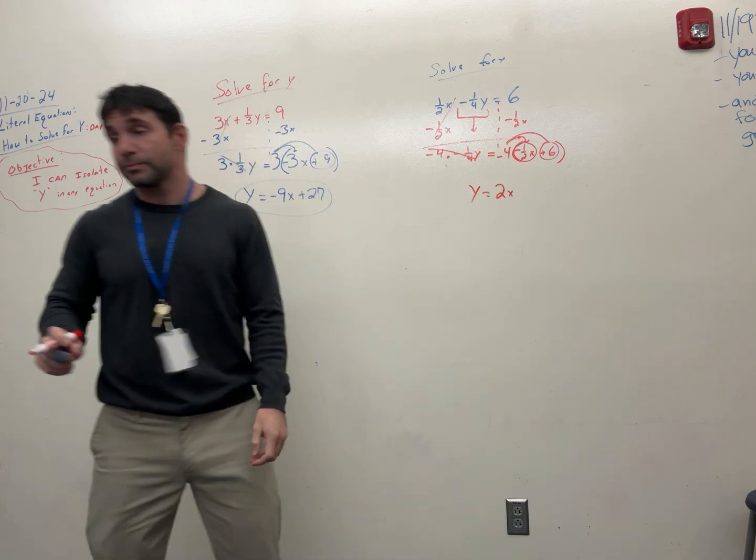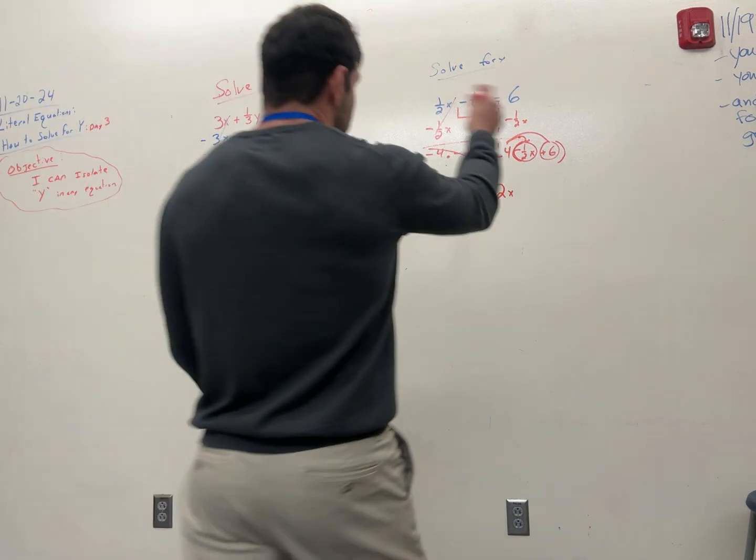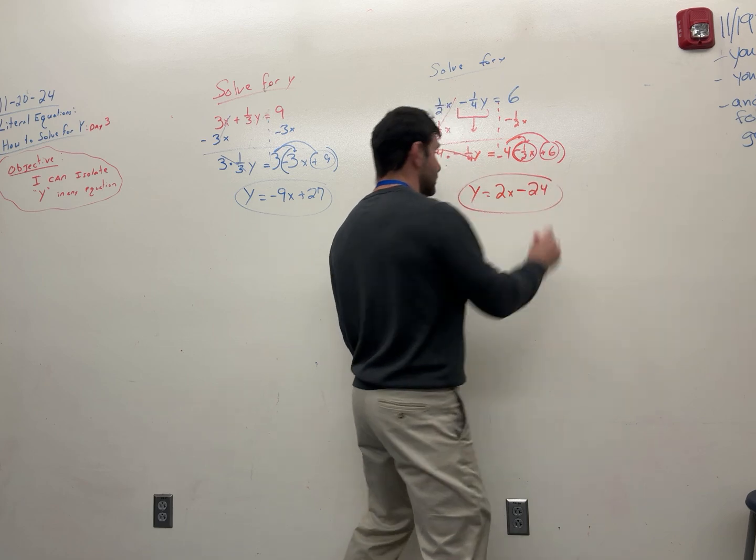Negative 4 times negative 1/2 x is positive 2x. Then negative 4 times positive 6 is negative 24.